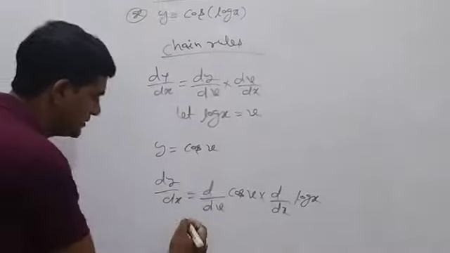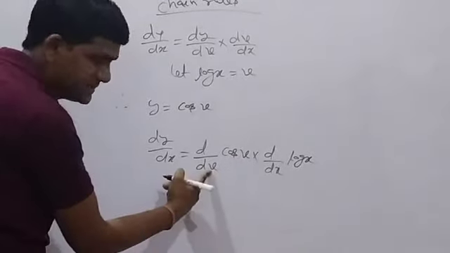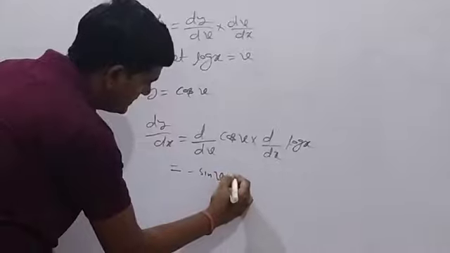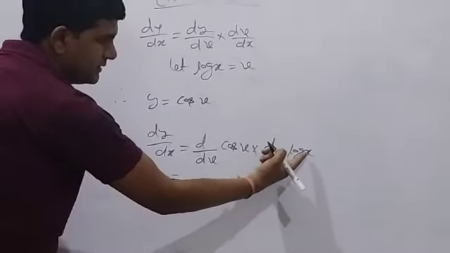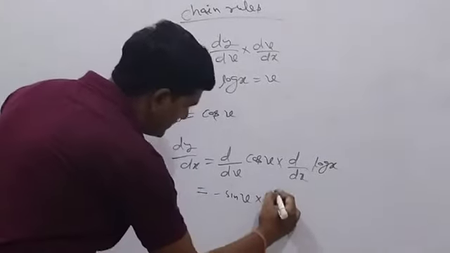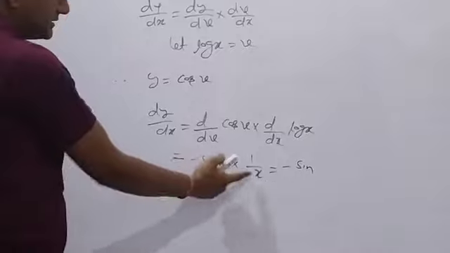Now we can put the formula. Differentiation of cos v with respect to v is what? Minus sin v, into, and differentiation of log x with respect to x is equal to what? 1 by x. Then minus sin, what is the value of v in terms of x?